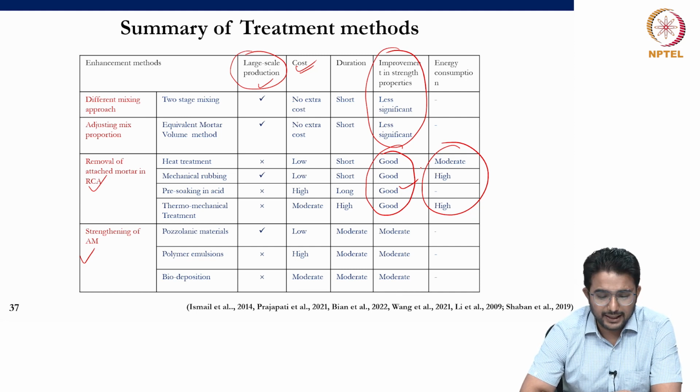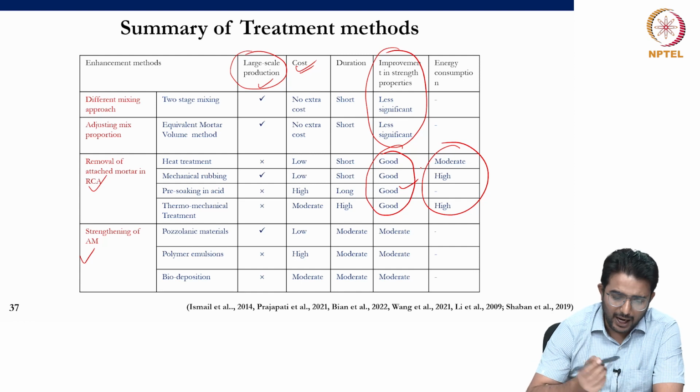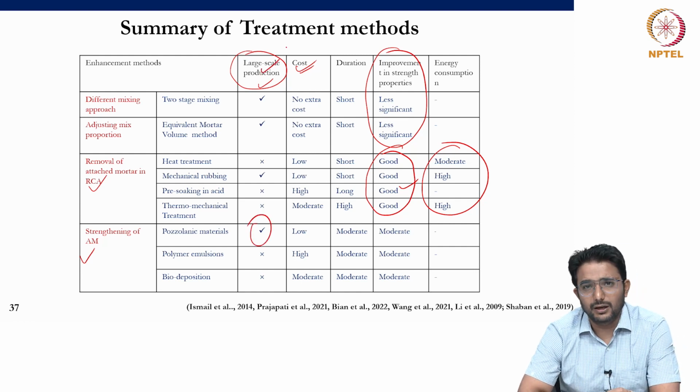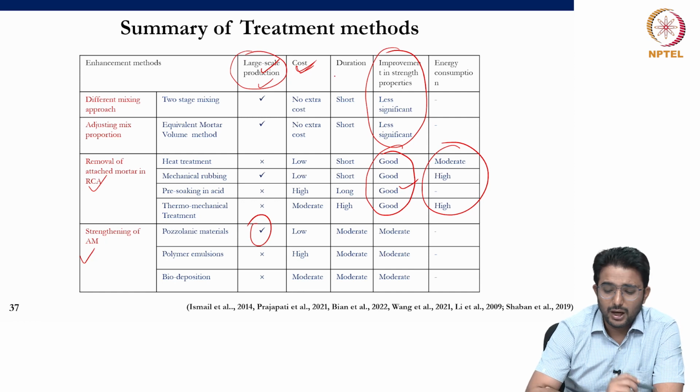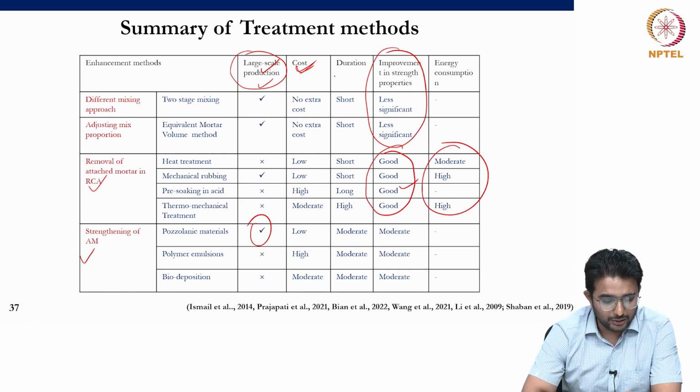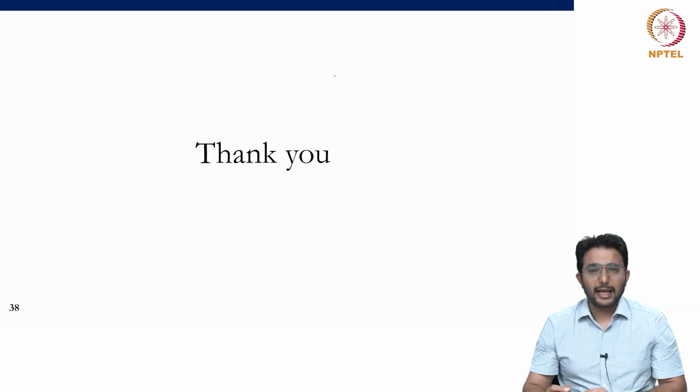But these techniques are considerably better than other approaches, for example different mixing approaches, and they might be large scale applicable. Obviously again, because we are using different mineral admixtures and supplementary cementitious materials, we need to see the cost and the energy consumption. So yeah, thank you very much.